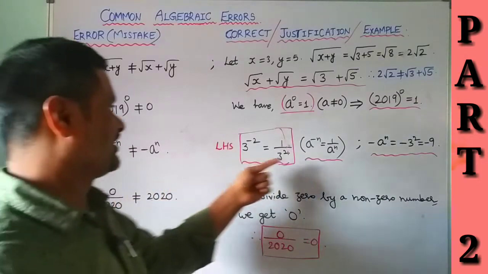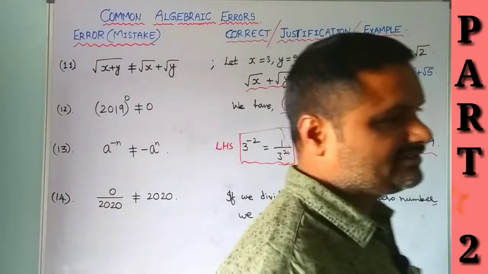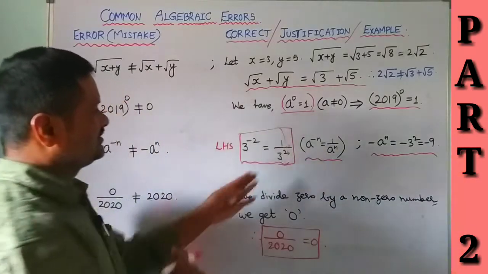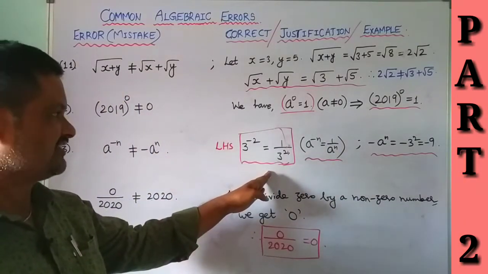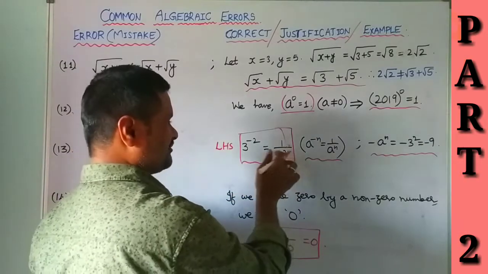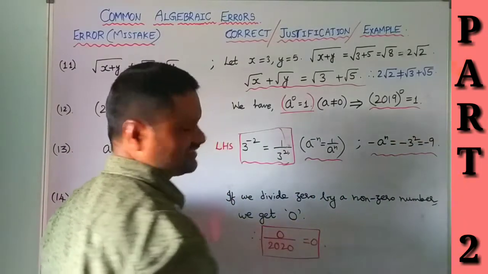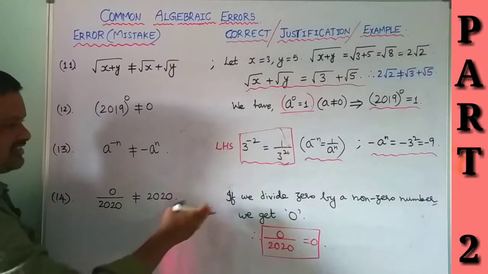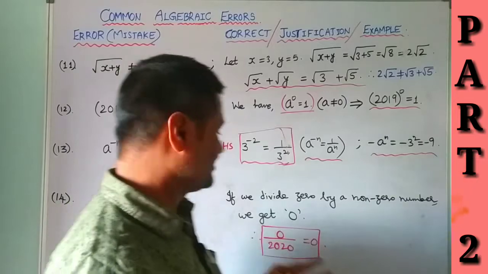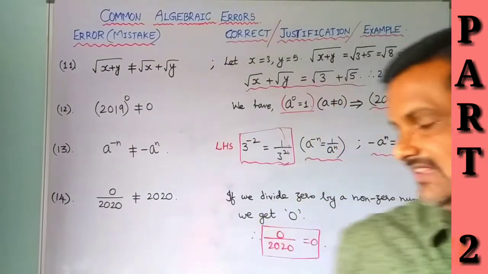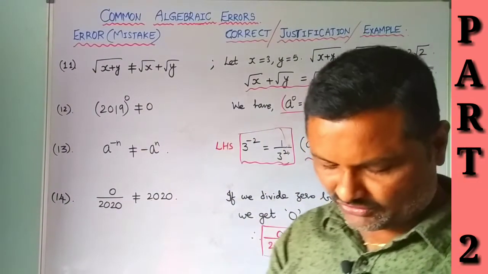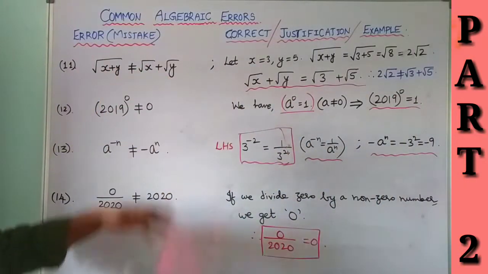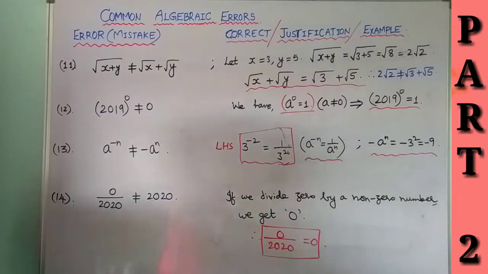By applying the formula a power minus n is equal to 1 by a power n, LHS is 1 by 3 square, nothing but 1 by 9, which is not equal to minus 9. Next, 0 by 2020 is always 0, because if we divide 0 by a non-zero number we always get 0. So in this way these 4 have been corrected, with the given examples and formulas. You can have a look.